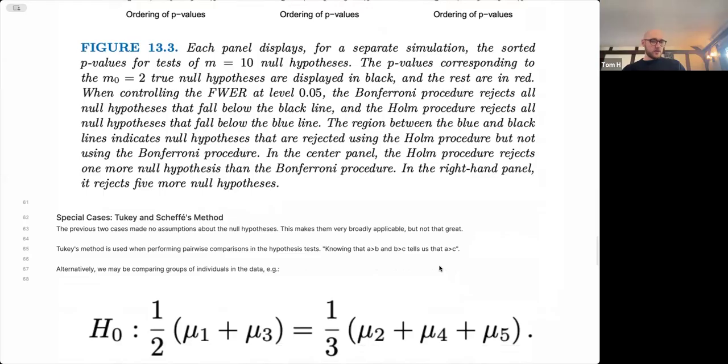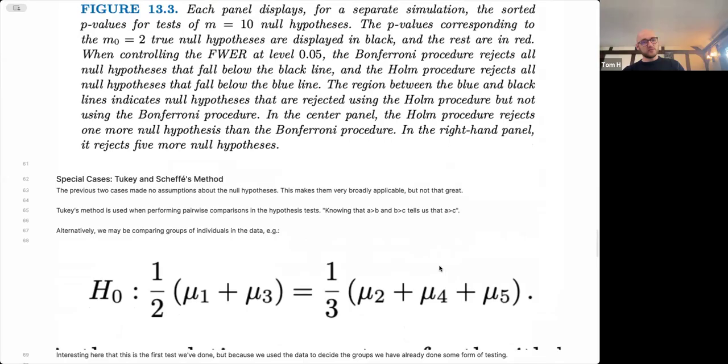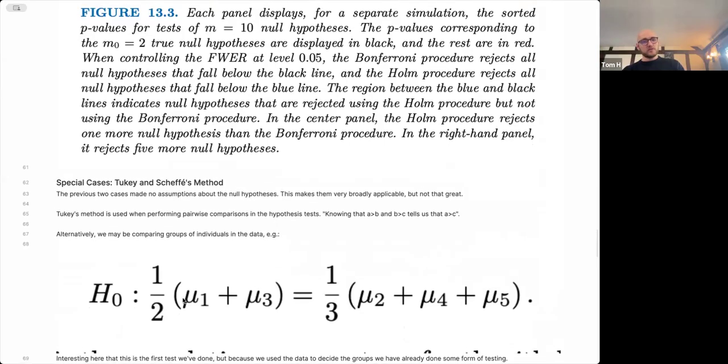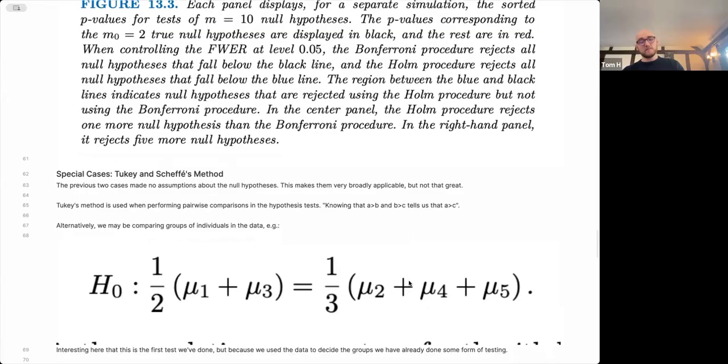The other case, for Scheffé's method, is when you're comparing groups of individuals in the data. So here you want to see if the average performance of managers 1 and 3 is the same as the average performance of the group of the rest, basically. What I think is interesting here is this is like the only test that you've done.